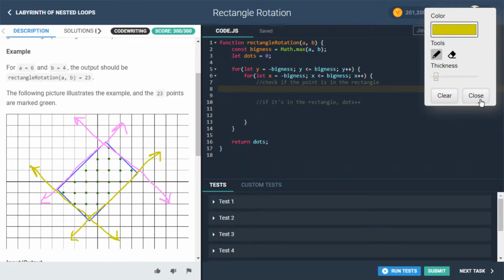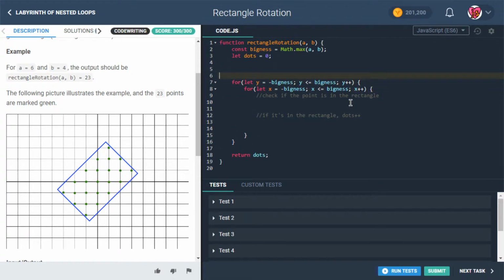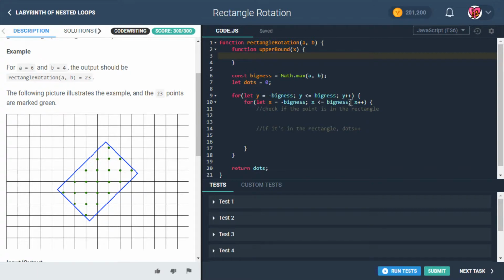All right, are we ready? Let's try it. We want to check if the point is in the rectangle. So we'll do something like this. We'll say const upper bound. Or, okay, hold on a sec. Let's make it a function. Let's make it the very first thing we have inside here. Function upper bound of x. Cool.